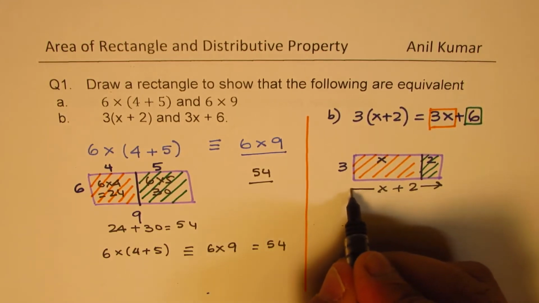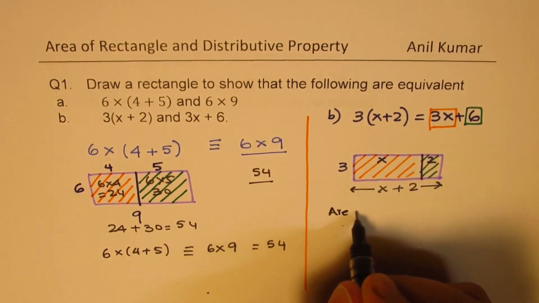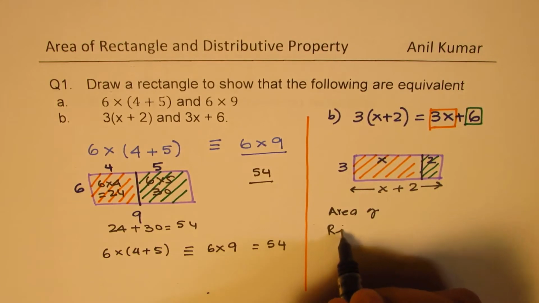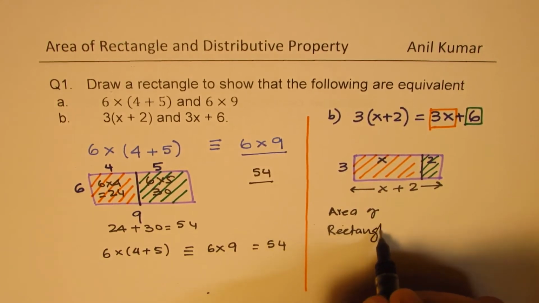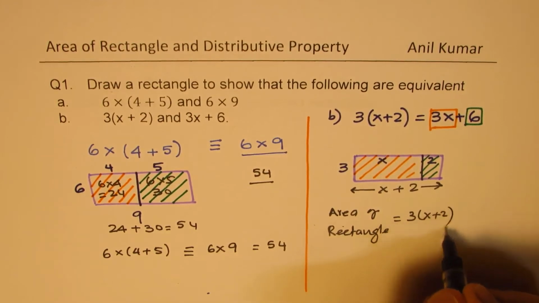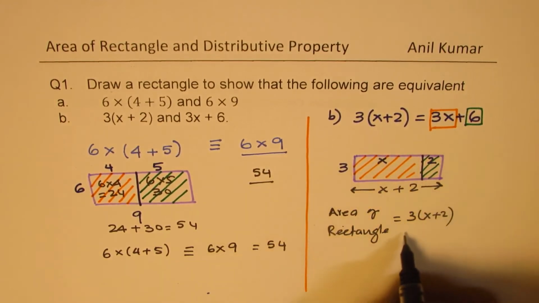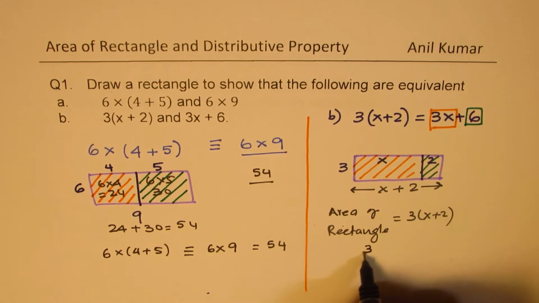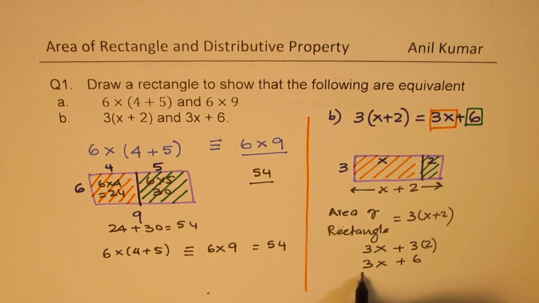So the area of the rectangle is indeed equal to 3 times (x plus 2), which is the sum of these two areas, which is also equal to 3x plus 3 times 2, which is 6. So we get 3x plus 6 as the area of this rectangle.